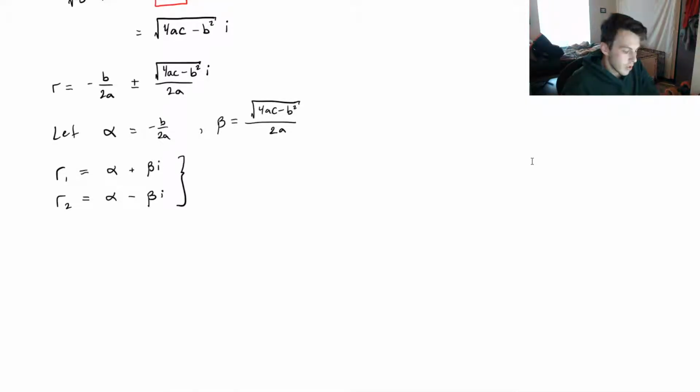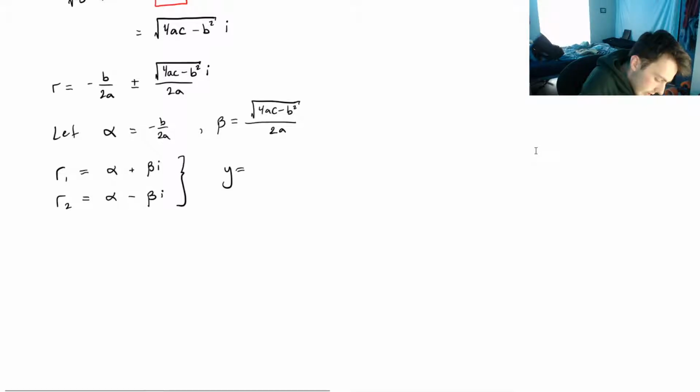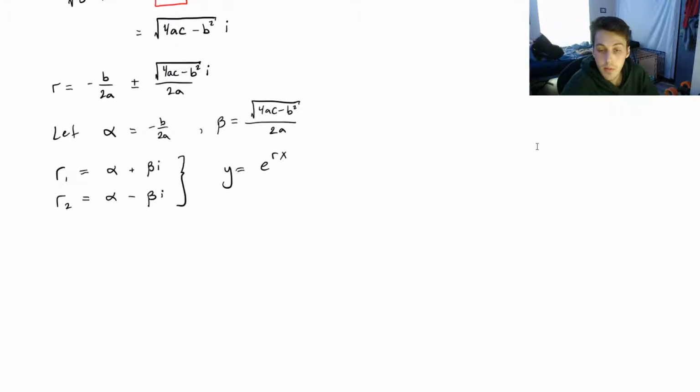So if I were to write the solution, right, we know that y is equal to e to the rx, but we have more than one solution for r, right? So when we have multiple solutions, what we need to do is actually take a linear combination of our solutions to get a general solution for everything, right?